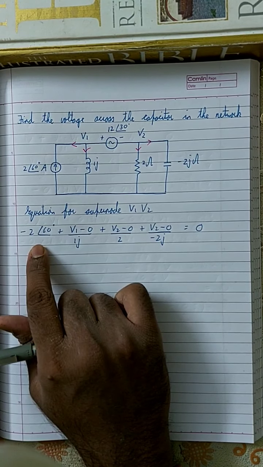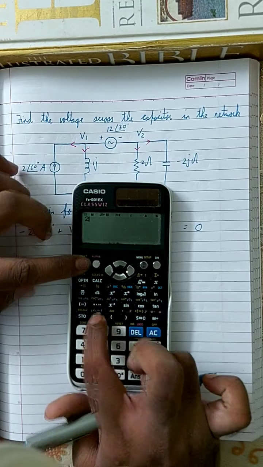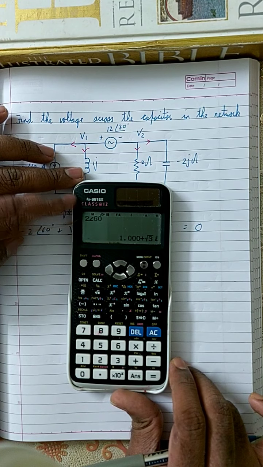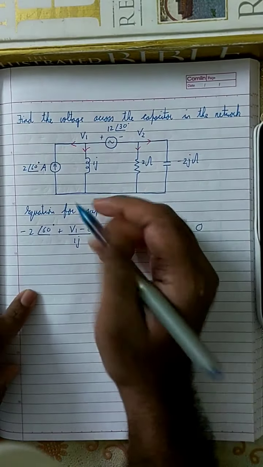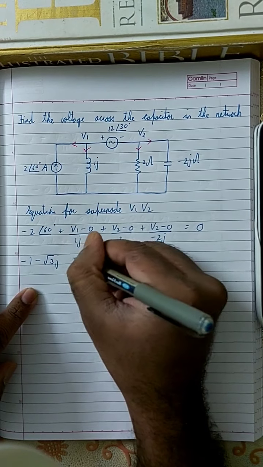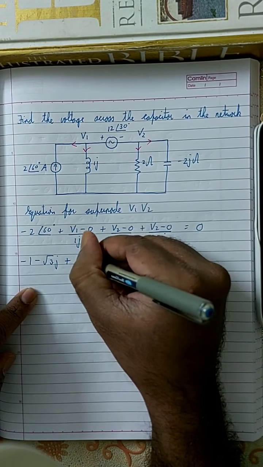What is 2 angle 60 degree? Let me see that first. 2 angle 60 degree is 1 plus root 3J. So this is basically minus 1 minus root 3J. Okay, plus, now what is this V1?